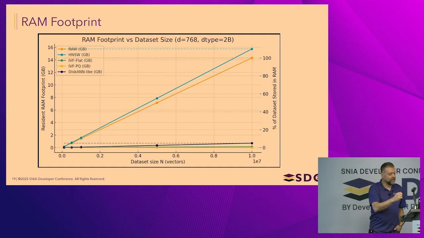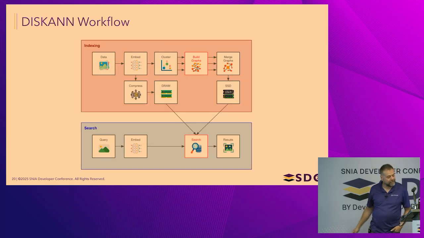This, again, is just to give an idea why we are doing DISKANN. When you create the indexing, and that's very close to any type of index technique, you have the data, you create the embeddings, you cluster that, you start building your graphs. So when you get the embeddings, you compress the data and you add to DRAM.